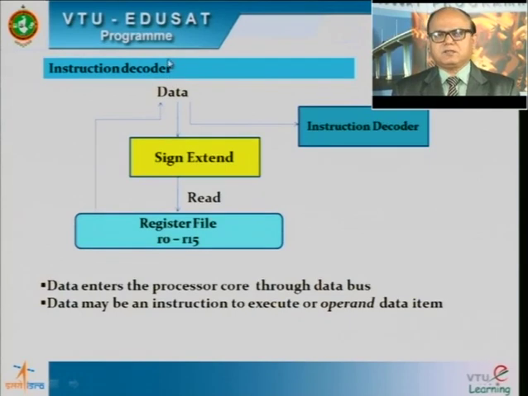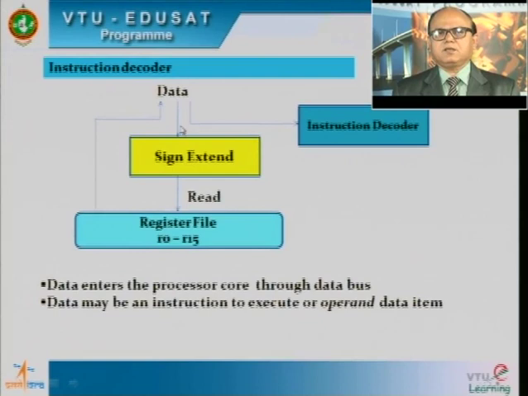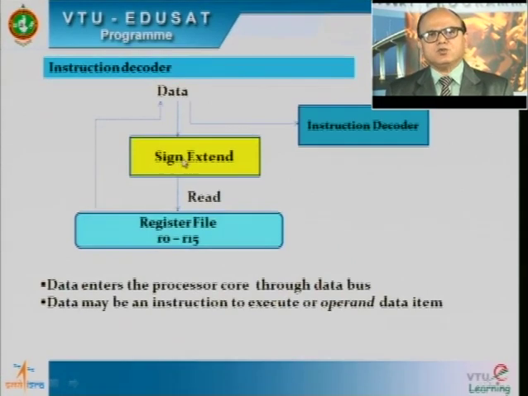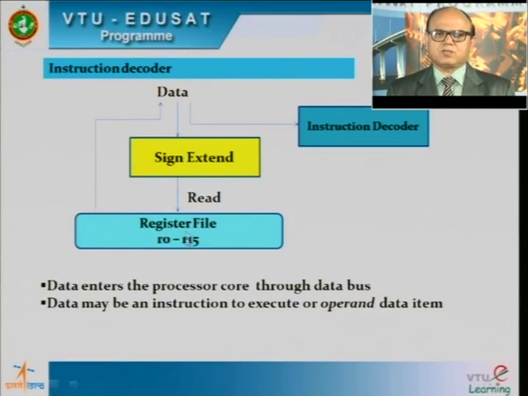And if the information received from the memory through the data bus is an operand, it just goes to the register file via a sign extend unit, or a sign extending circuit. So to do that, it just passes and then enters into the register file.